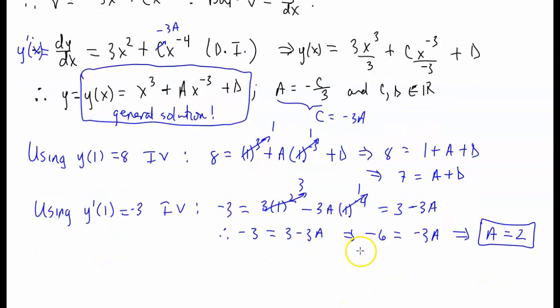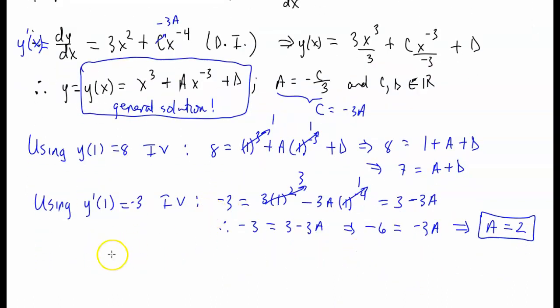So now that I know what a is, I know what d is. Of course, if a is 2, then this implies that d is 5.